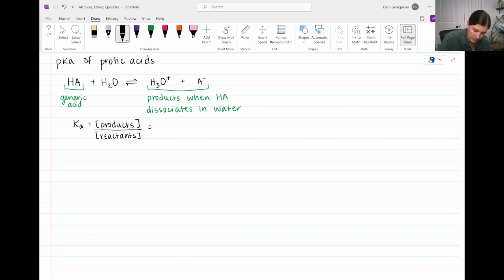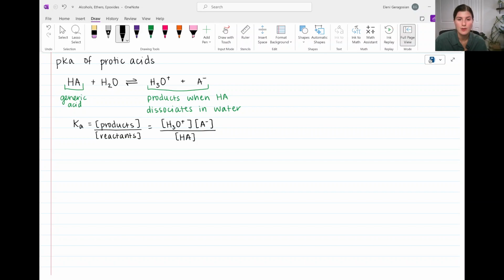In other words, the concentration of H3O plus and the conjugate base of the acid, A minus, over the concentration of the associated acid with the hydrogen still bonded to the rest of the molecule.